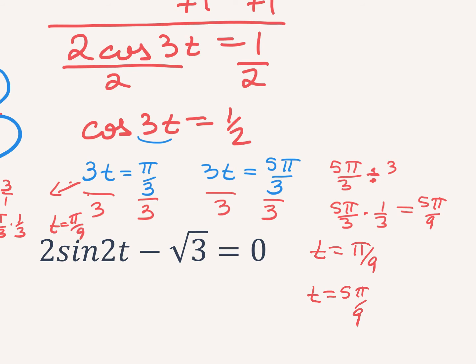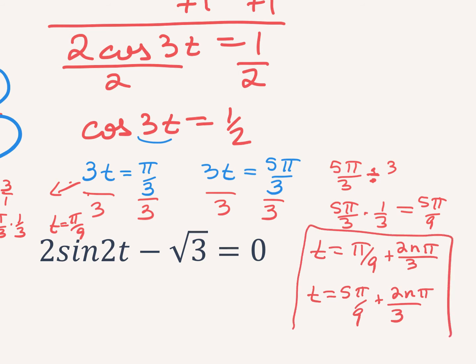Now, this is how you would give your answer on the test next week, but if this were on a standardized test, remember for sine and cosine, we add 2n pi, but we would also divide that 2n pi by the 3. Again, for our testing purposes, we don't need to do this.